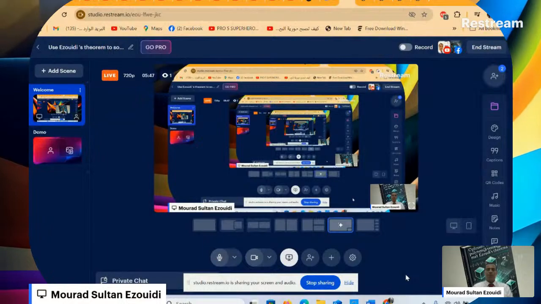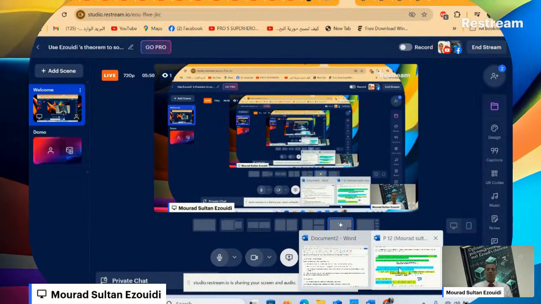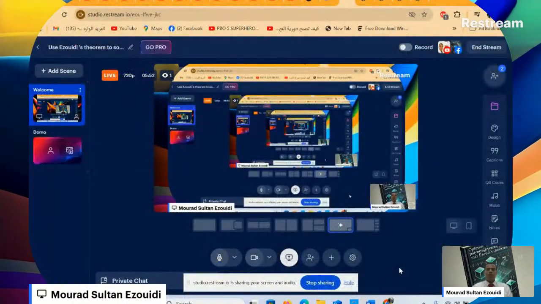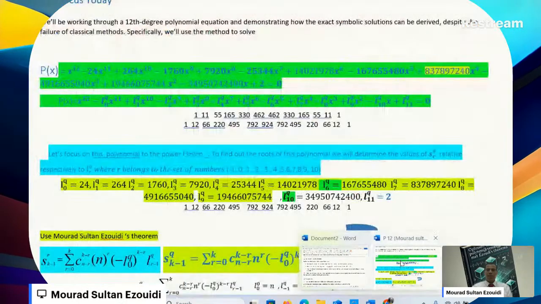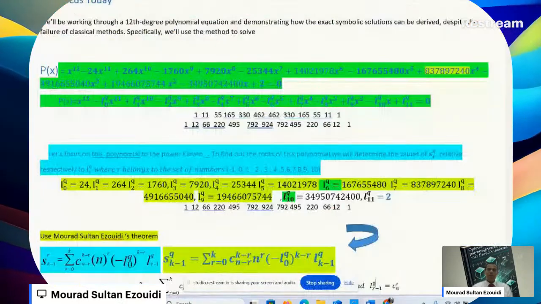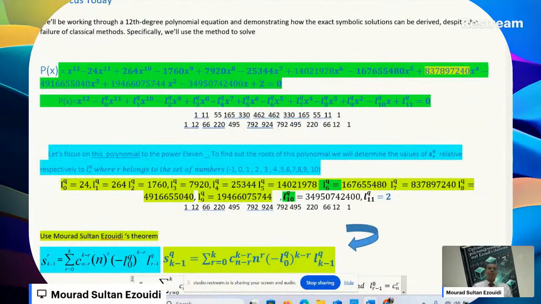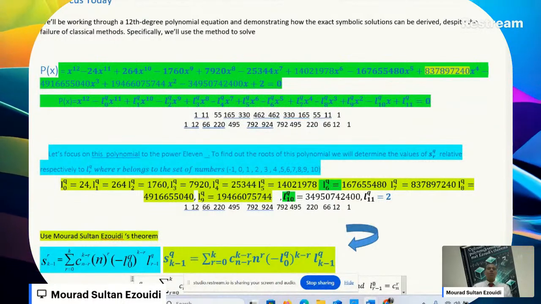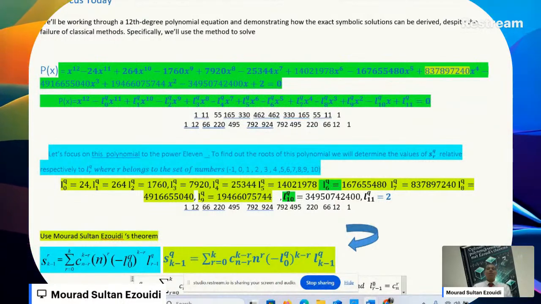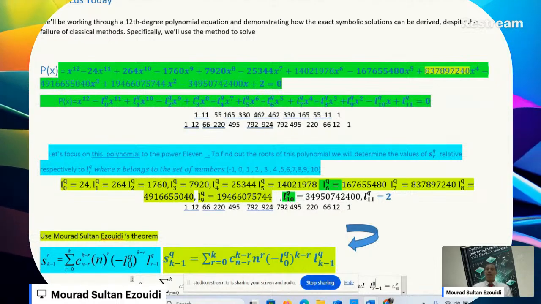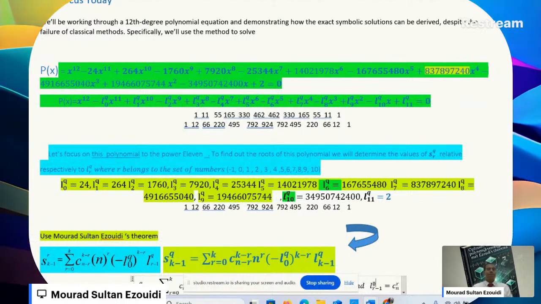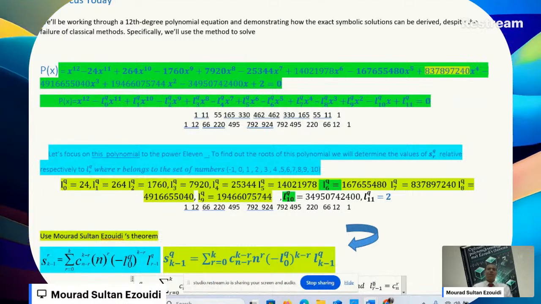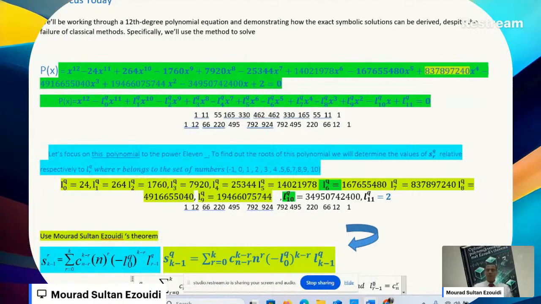This one is our 12-degree polynomial equation. Our focus today is walking through it and demonstrating how the exact symbolic solutions can be derived despite the failure of a classical method.